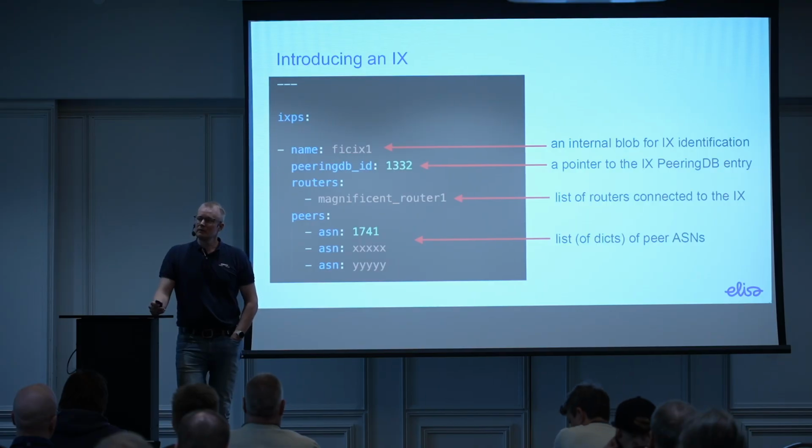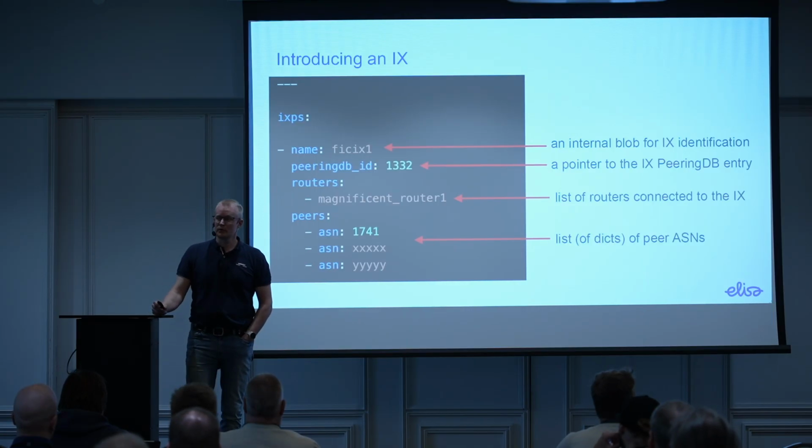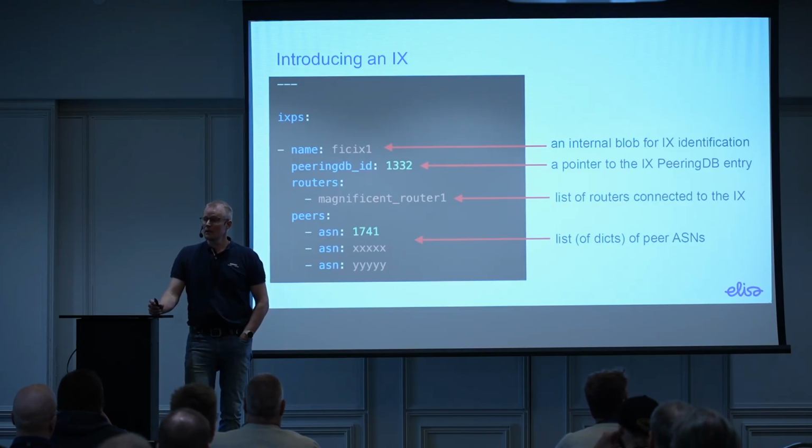Then the connected routers are defined as a list, and a list is used because there are situations where we have multiple routers connected to the same peering LAN, although in most cases there's only one router per LAN.